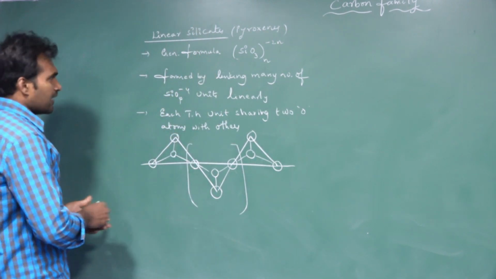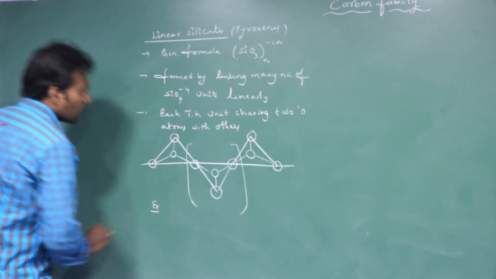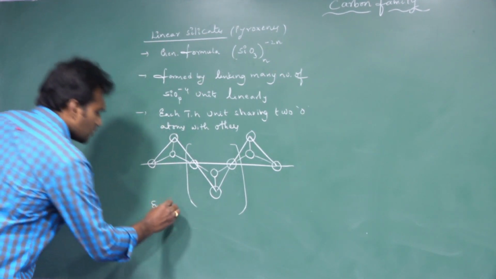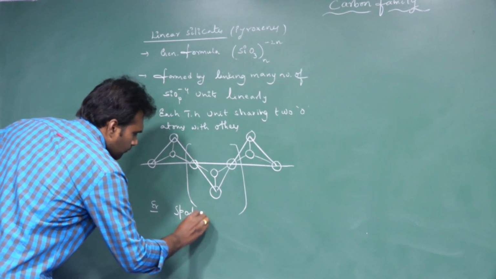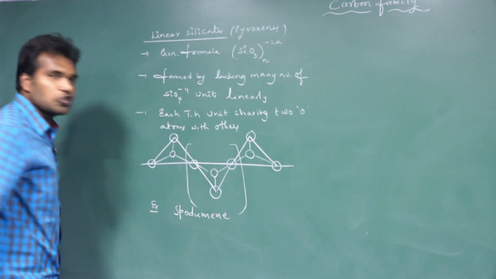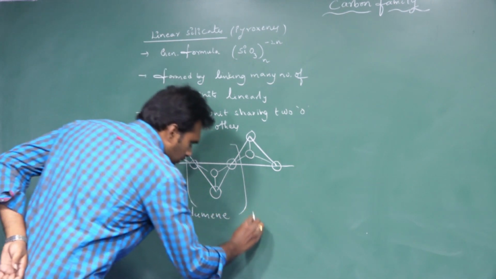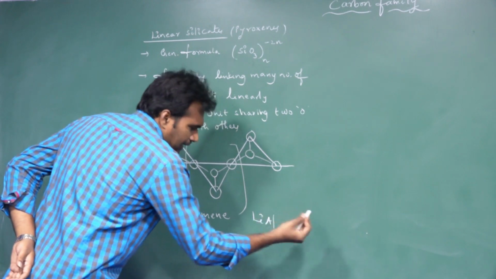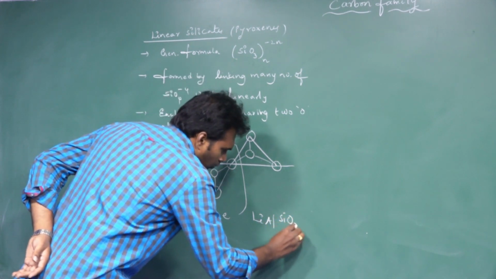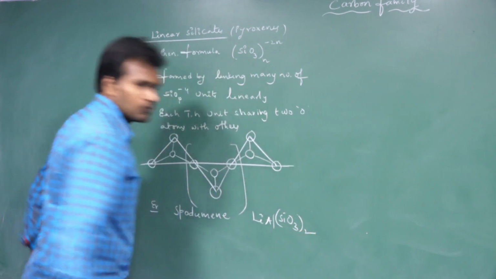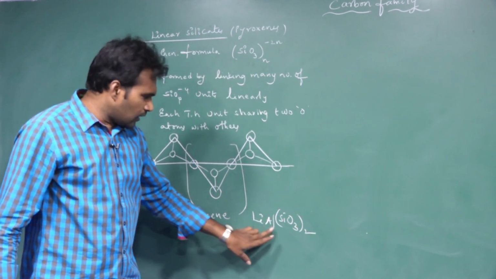Coming to the example for this. Example for linear silicates is spodumene. Spodumene, LiAl(SiO3)2. Lithium +1, aluminium +3.